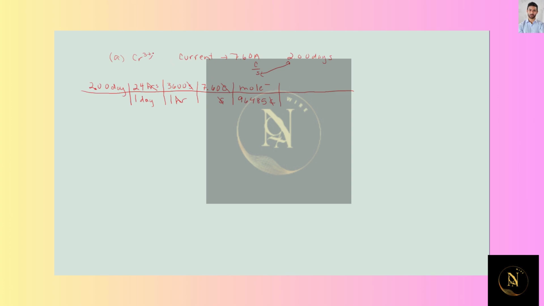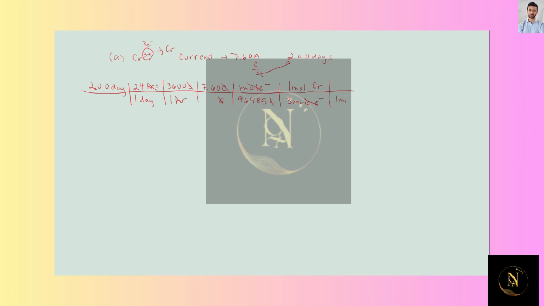Since this is 3+, if I'm plating this out, it's going to be going to Cr, and that's a 3 electron transfer there. So I can say that there are 3 moles of electrons for every 1 mole of chromium formed, right? So moles of electrons cancel. Now I have chromium, and now I can get to mass.